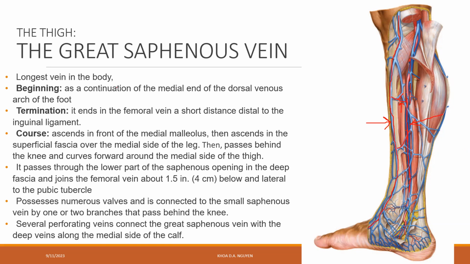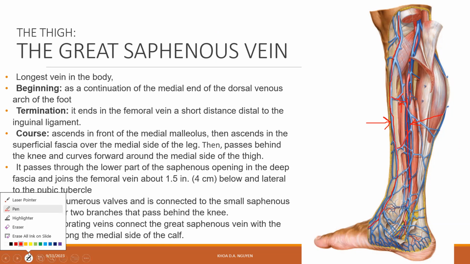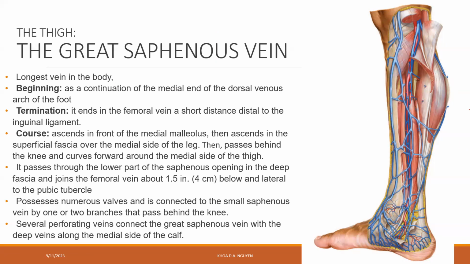Okay, so now I think this is a perfect time to talk about the importance of deep veins and superficial veins in transporting blood back to the heart. As we have talked about the superficial and deep veins in the upper limb and lower limb, on the upper limb, superficial veins, we have what?